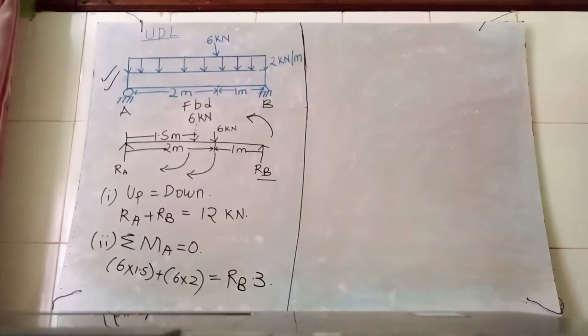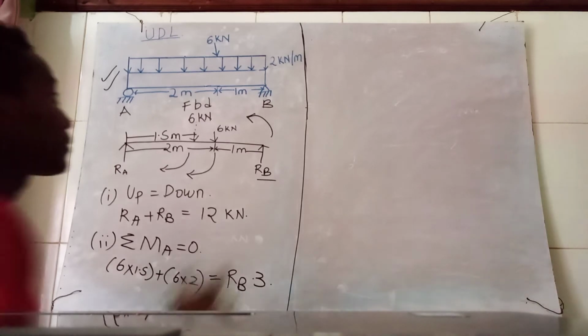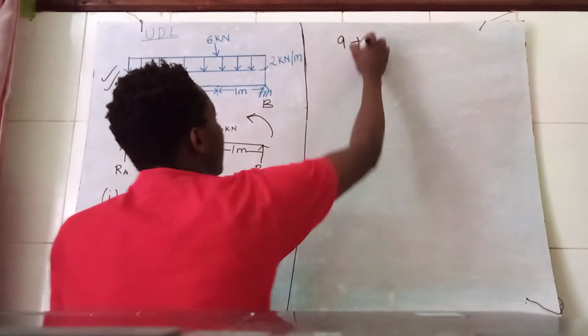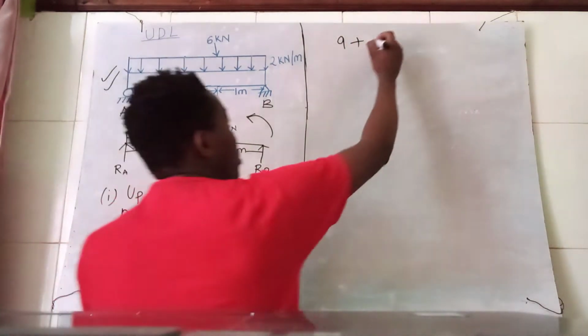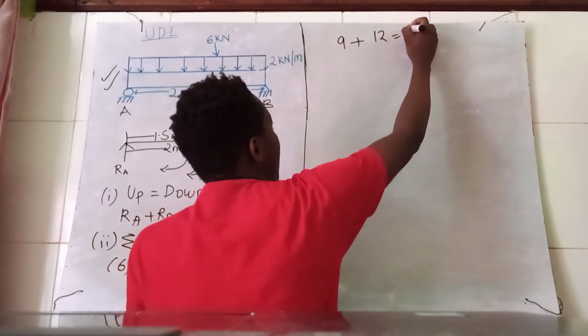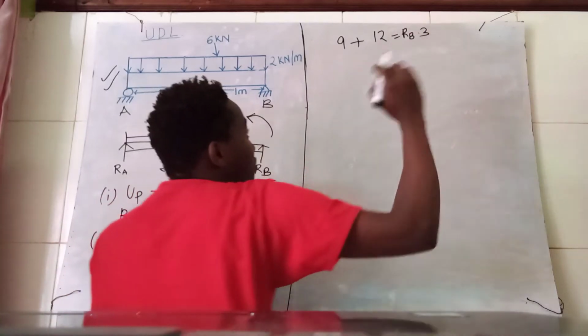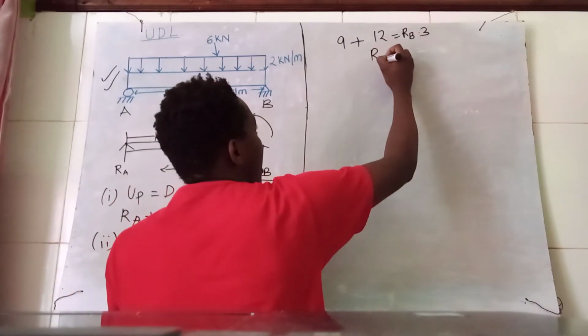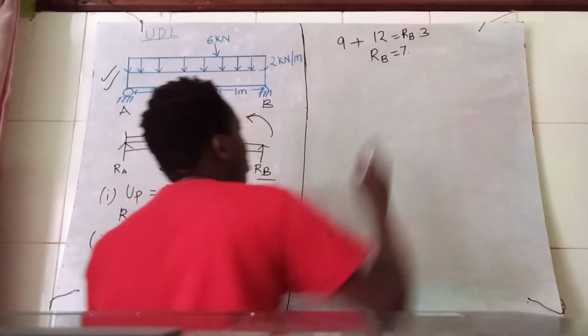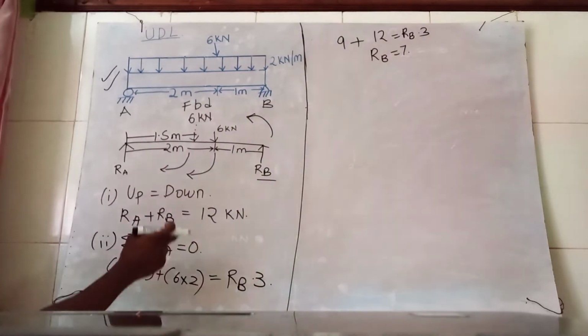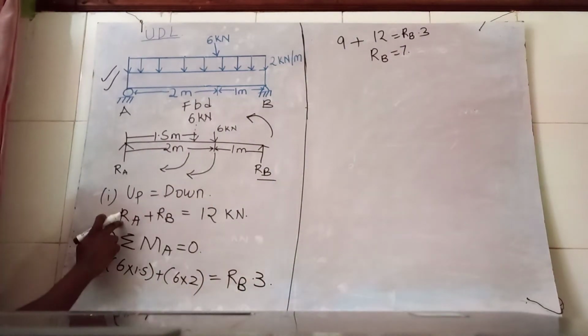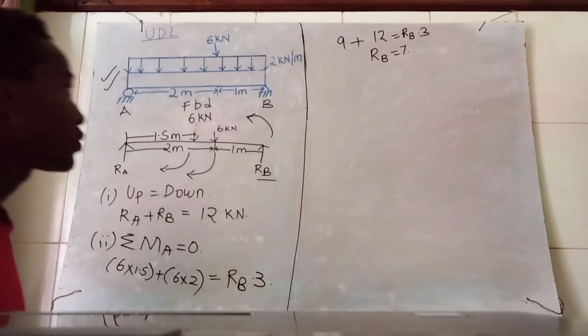RB times 3. So 6 times 1.5 gives me 9. 9 plus 6 times 2, 12. RB times 3 equals 21, divided by 3, 7. RB is going to be 7. Then, back at this point, the sum of RA and RB is 12.